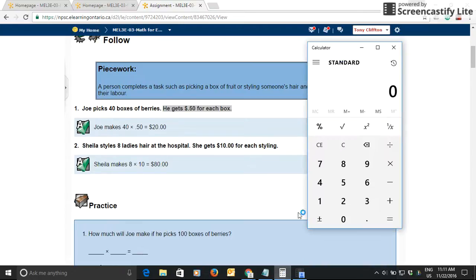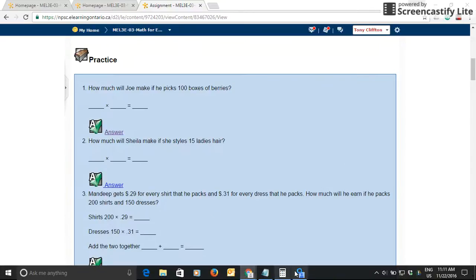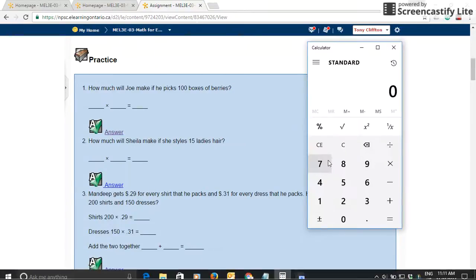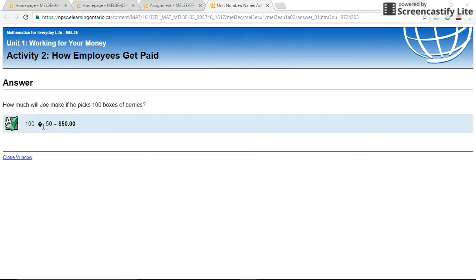Then down here, if he does 100 boxes, so 100 times 0.5 equals 50. If I check the answer here, 100 times 0.5 equals 50.